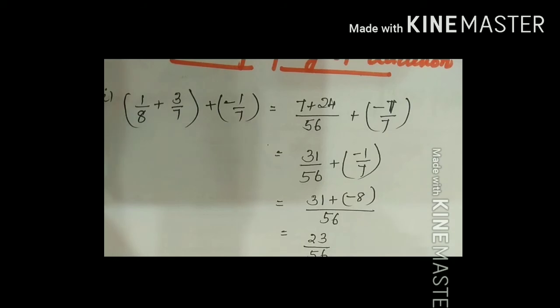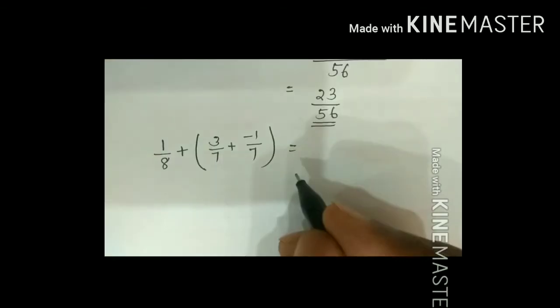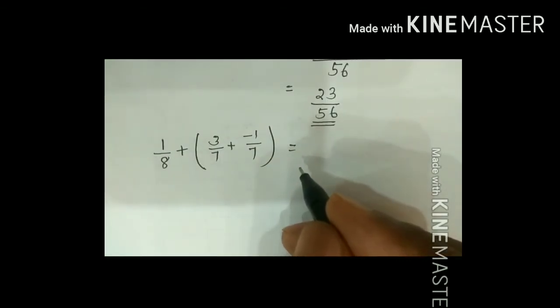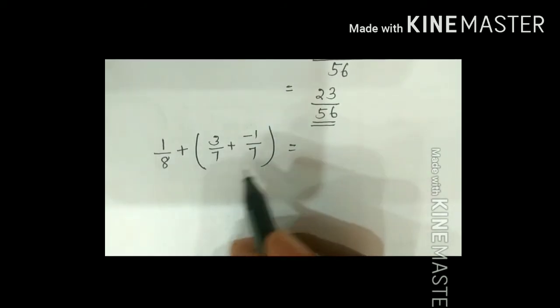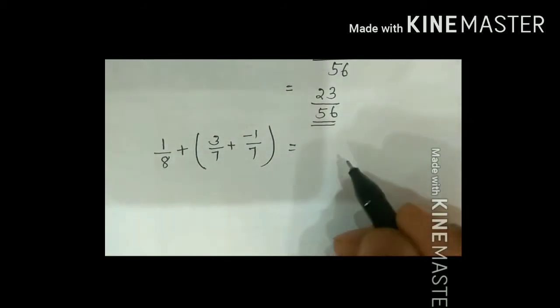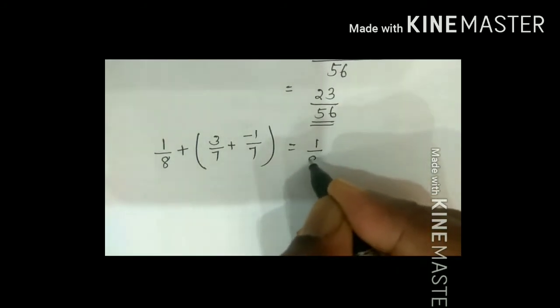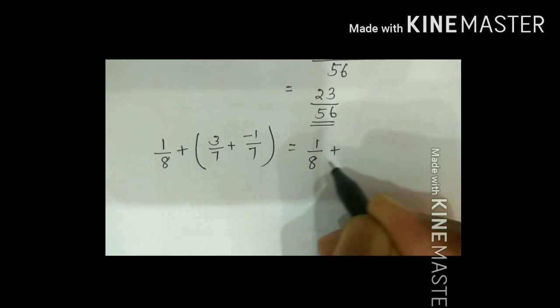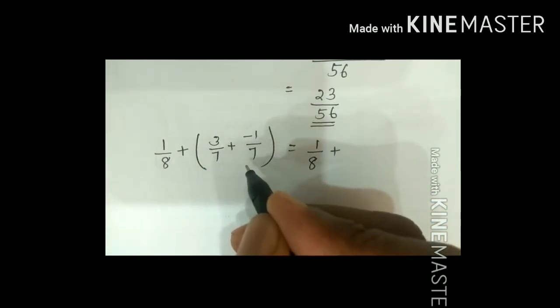Now we are going to add the same rational numbers in a different way. This time I'm going to add the second and third first, and the result will be added with the first one. So 1 by 8 will be the same, plus we are going to add 3 by 7 and minus 1 by 7.